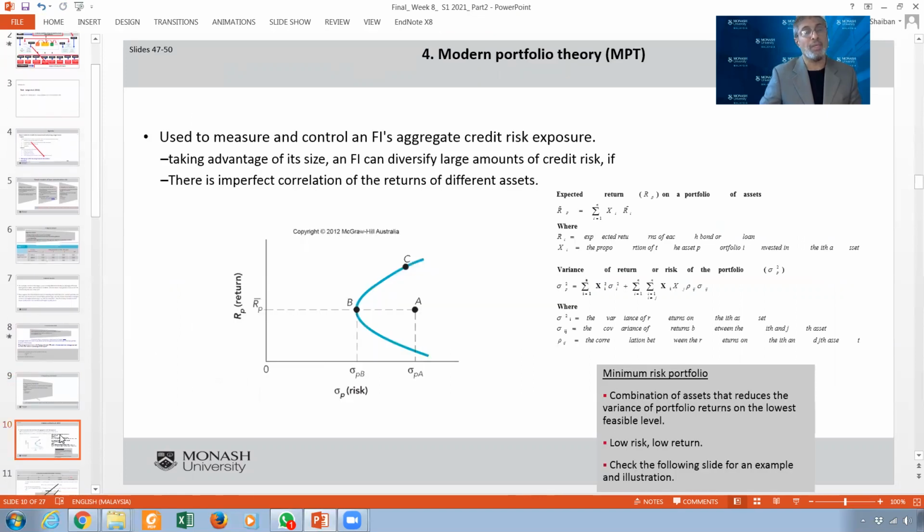Now let me go to the modern portfolio theory, which is the fourth model here. Modern portfolio theory actually comes from investment. The concept behind this is to calculate the line. This is what we call the frontier.